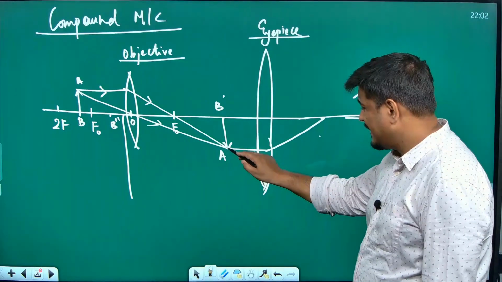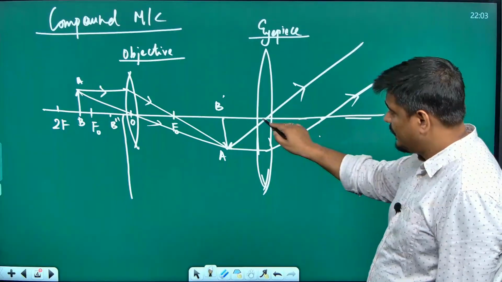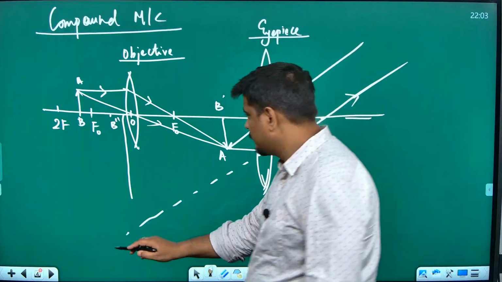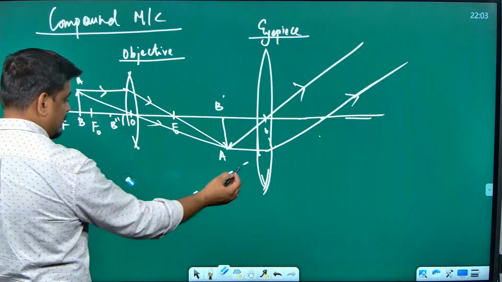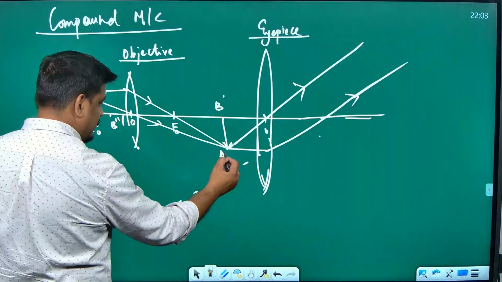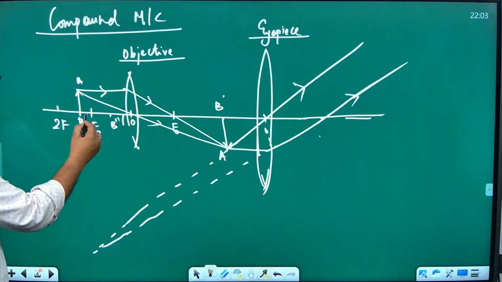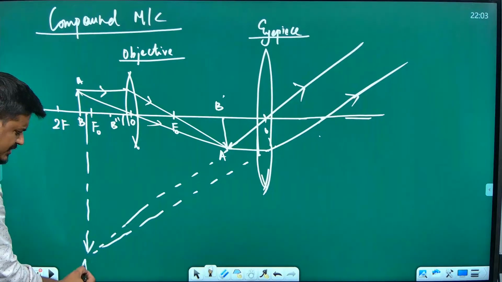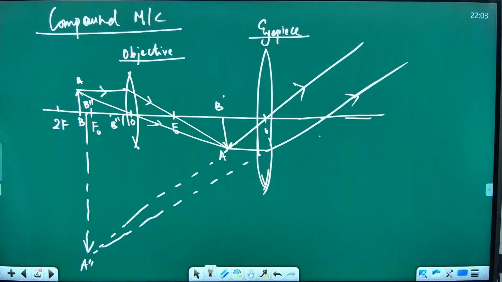And I will take the second ray passing through the optical center undeviated, and then when I extend both, it is going to meet somewhere, and we are going to have the final image A''B'' formed there.